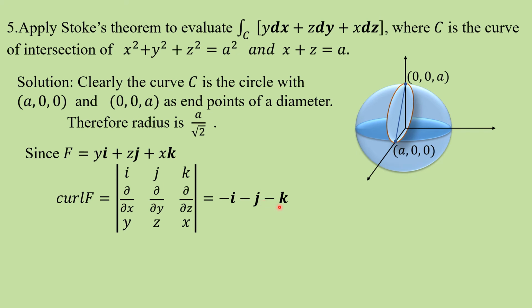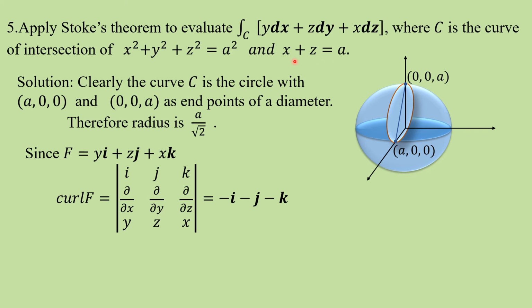Now I need to get the unit vector normal to the surface. Now the surface is nothing but x plus z equal to a. The portion we have here is part of the plane x plus z equal to a itself. As all of you know, the normal to the surface is nothing but the gradient of the surface. So the gradient, that is del phi, where phi is x plus z minus a.